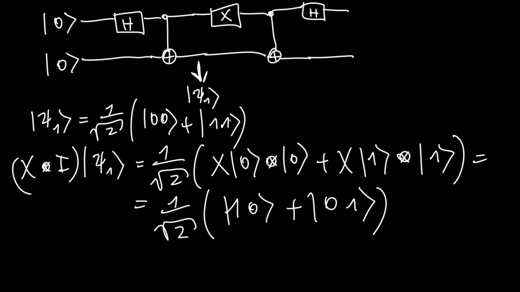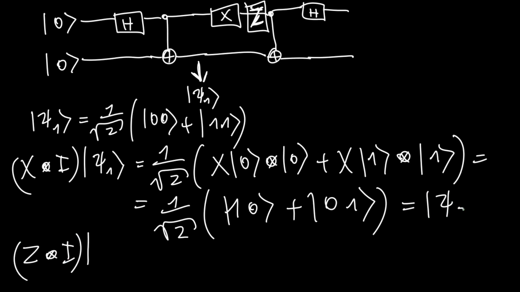We can try the same thing with X and then Z. What if we apply Z? Then we would have Z and identity to, let's call this psi2.